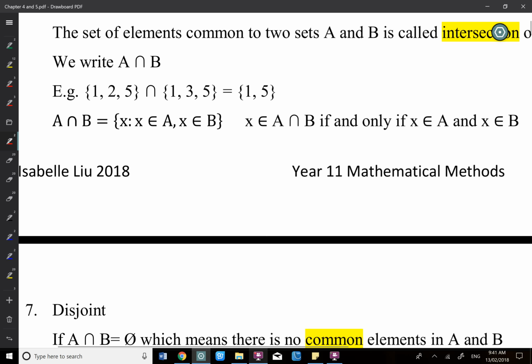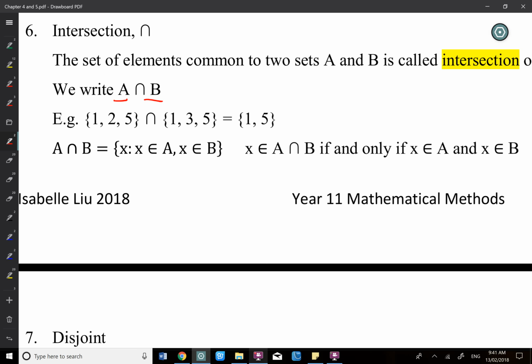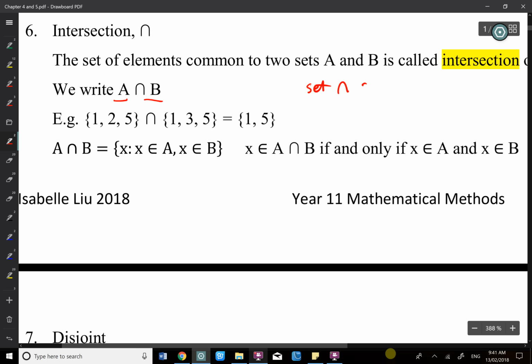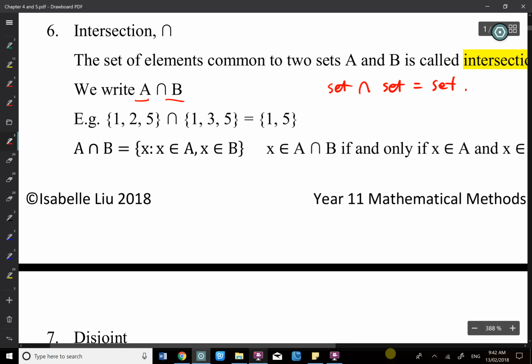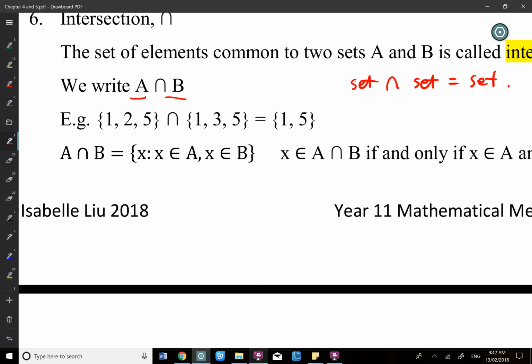Therefore, a set intersects another set and gives you a new set. So 1, 2, 5 intersects 1, 3, 5. The elements in common are 1 and 5, so the intersection is the set {1, 5}.